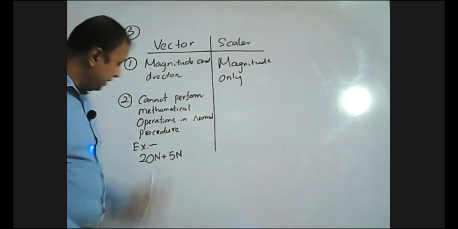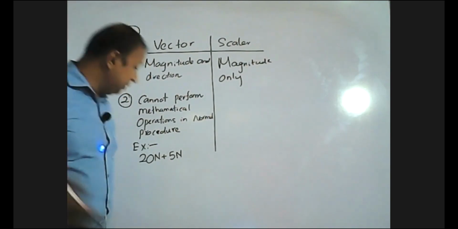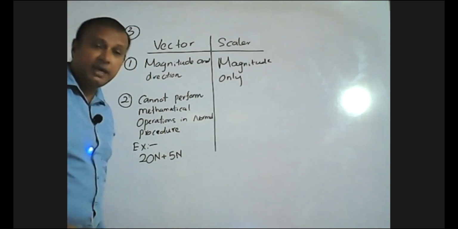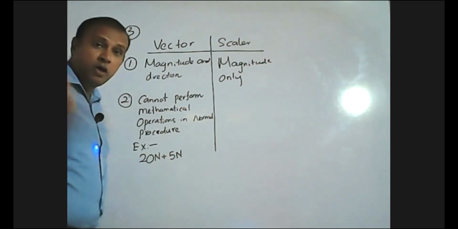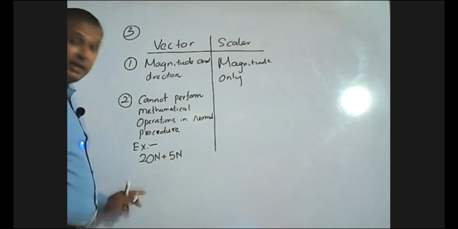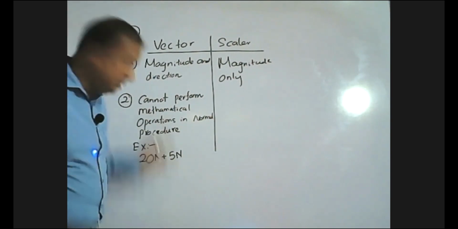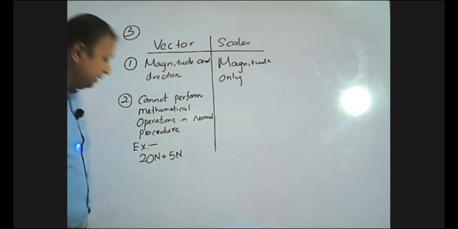It can be 15 Newton, it can be 30 Newton, 25 Newton, and it can get any value in between 15 to 25. Okay, I will explain that later. So we cannot just add these two forces.